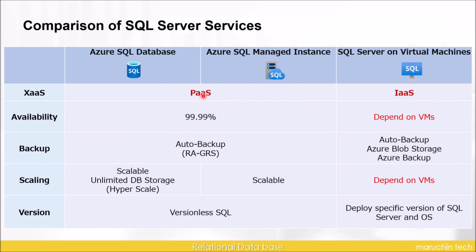In PaaS, availability and scaling settings are managed by Azure, so you don't need to think about them. While in IaaS, on the other hand, you need to add and remove virtual machines as your workload demands. And also, SQL Server version management and updates are done on your side.